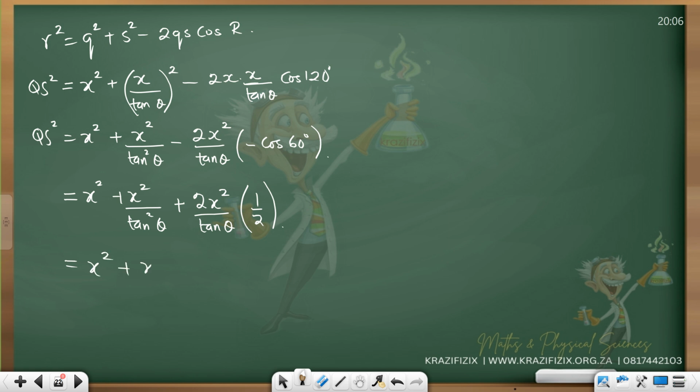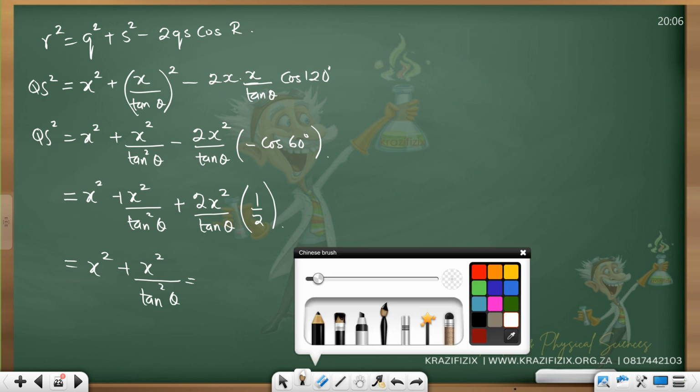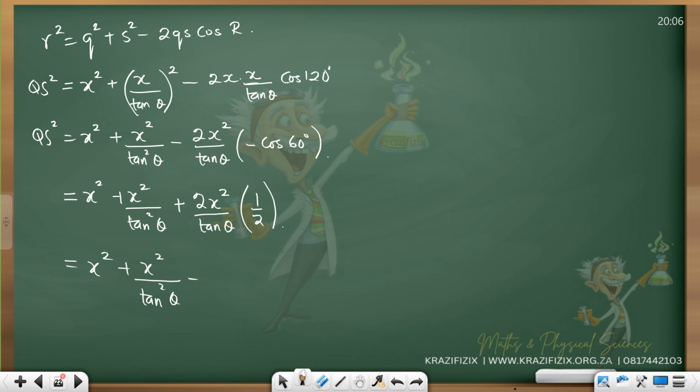X squared. The way you write also matters. Look at these two and that two, they will cancel out. That two and that two would cancel out. Check here. Interesting. What's common?